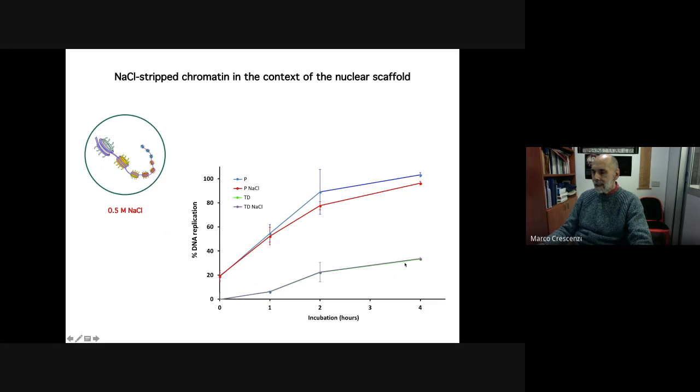And here is chromatin, nucleosomes from myotubes with and without sodium chloride treatment. The two curves are superimposed. And again, you still see a major difference in DNA synthesis. So incomplete DNA replication is retained even in this very simplified material.